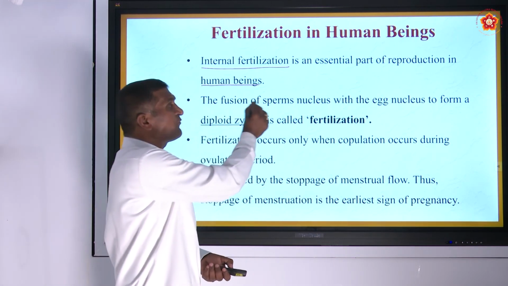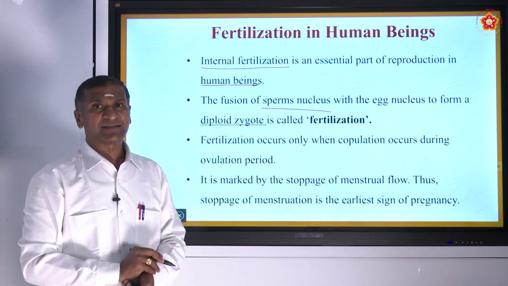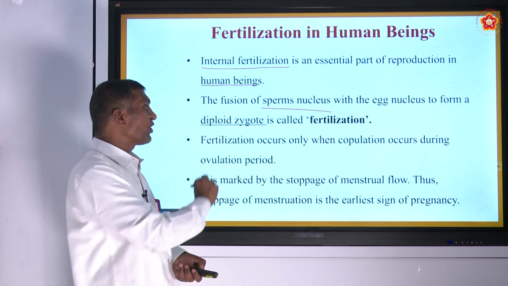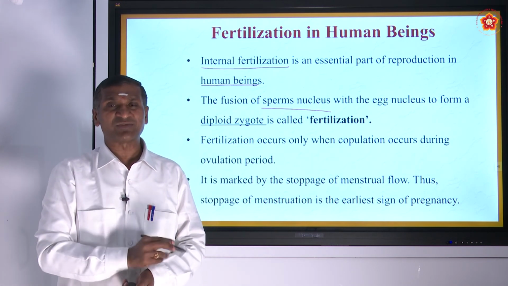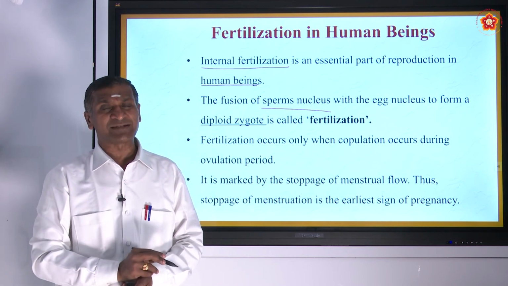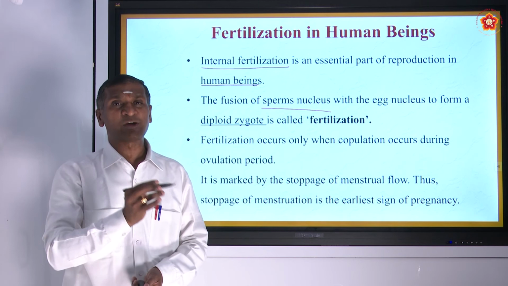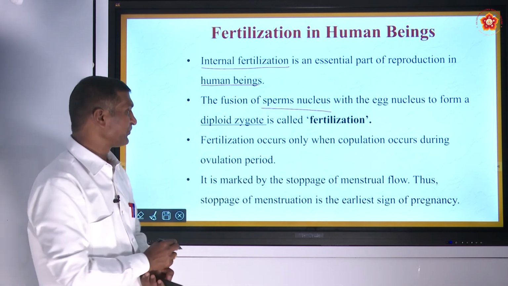The fusion of the sperm's nucleus with the egg nucleus to form a diploid zygote is called fertilization, which we have already understood. The fusion of male and female gametes resulting in zygote formation is called fertilization.